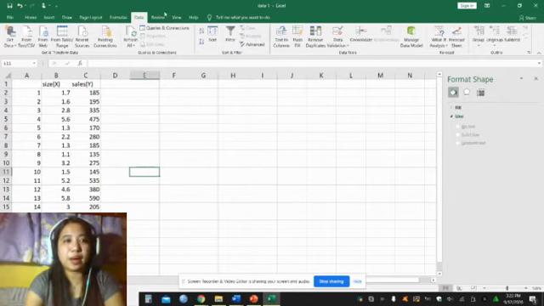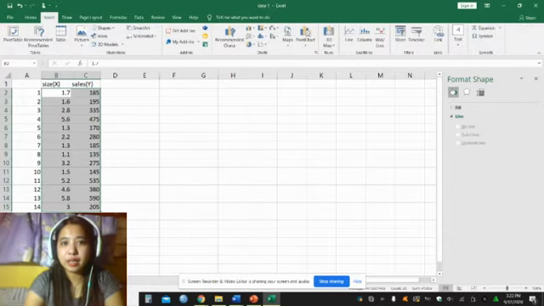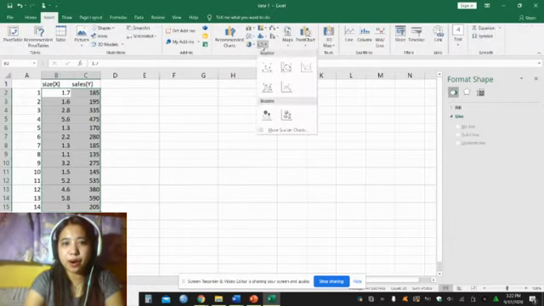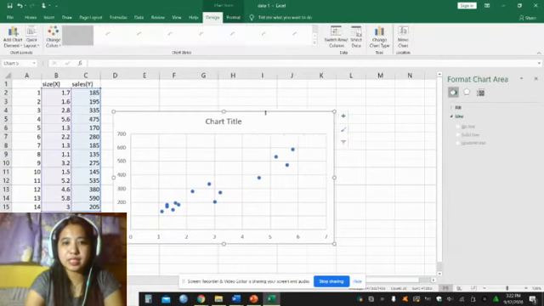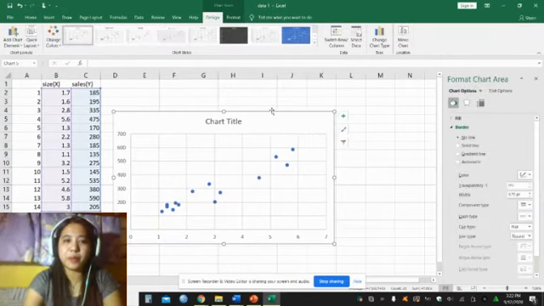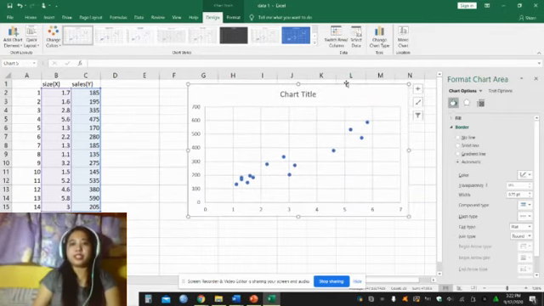We will select this, click insert, click charts, and then click the scatter. So this is the scatter diagram. And based on this figure, it seems that there is a linear relationship.